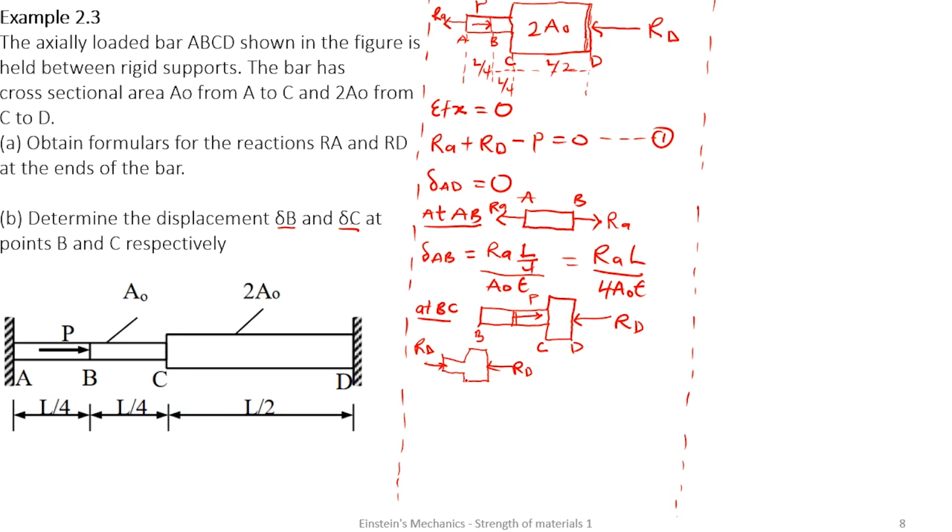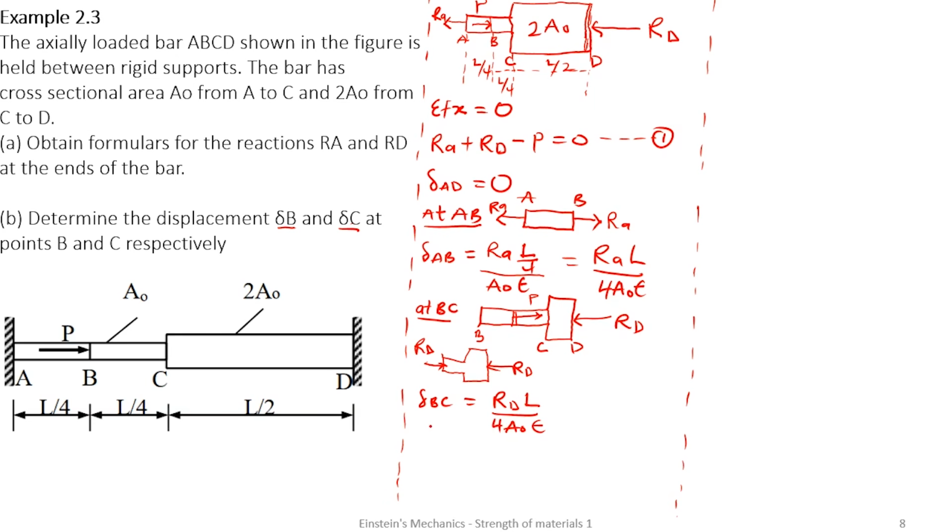It is compressing the bar. So at BC, I'm also getting the elongation at BC to be equal to the same reaction RD times the length. What is the length of BC? L on 4. So it is going to be RD L on 4 A0 E.